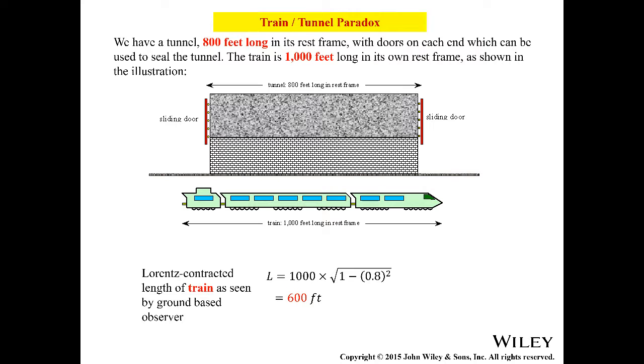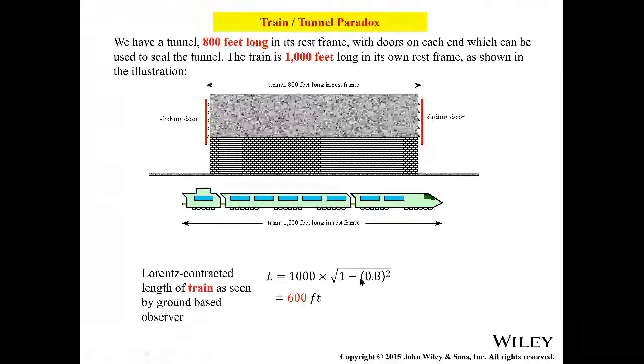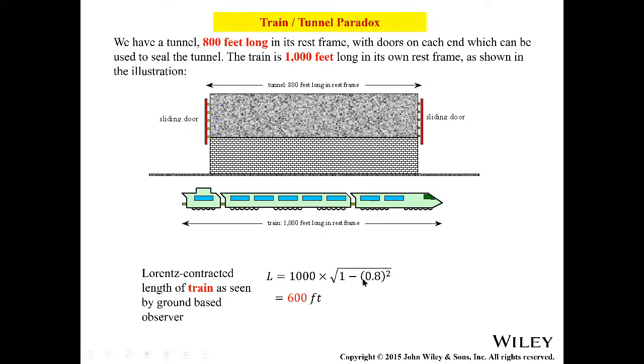Then the Lorentz contracted length as measured by me on the ground, I will see that you are shorter, by a factor of the square root of 1 minus v squared over c squared, and voila, that is 600 feet, because 0.8 squared is 0.64, 1 minus 0.64 is 0.36, the square root is 0.6, therefore it is 600 feet.